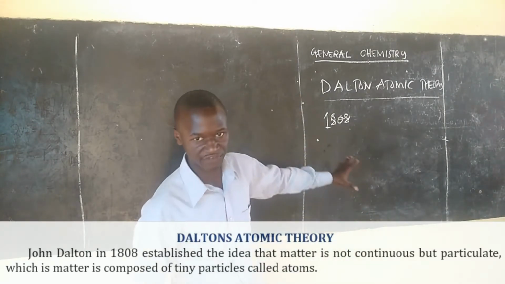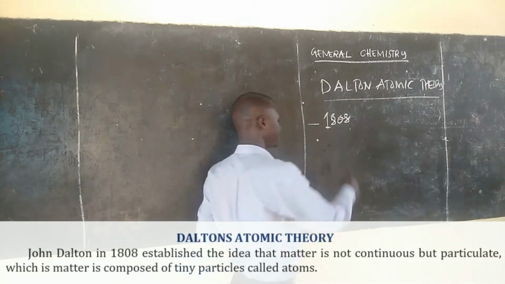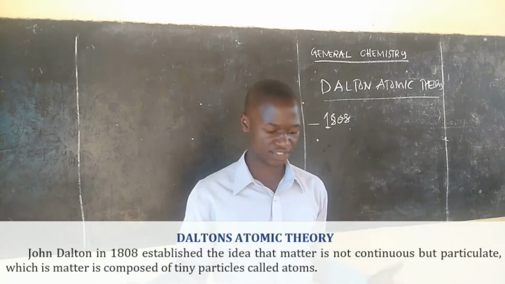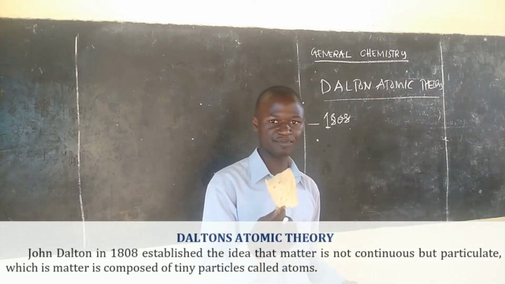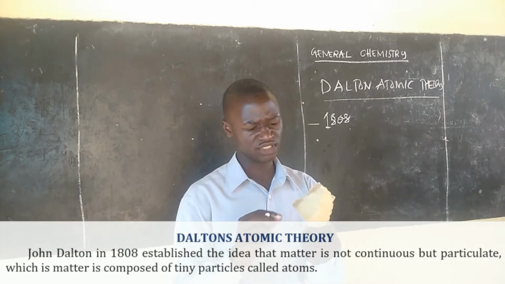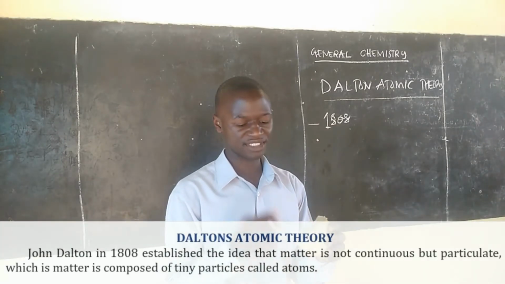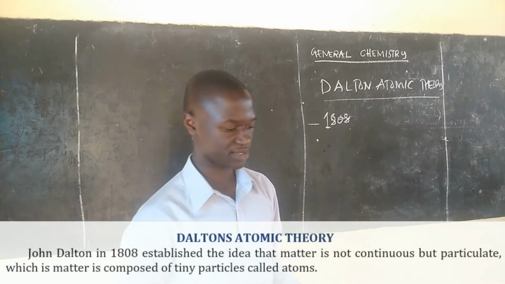So John Dalton was the first scientist in 1808 to establish the idea that matter is not continuous. For example, this duster looks simply continuous, it looks joined together. But John Dalton said that it's made up of smaller substances or particles called atoms.